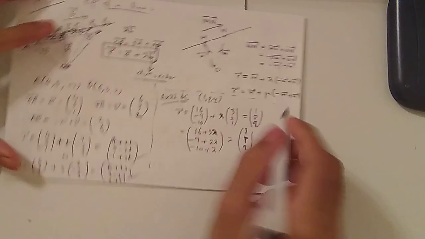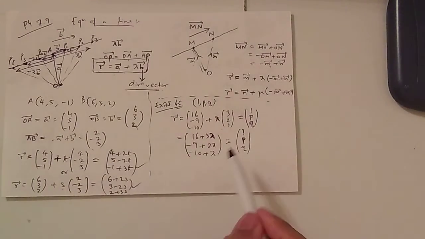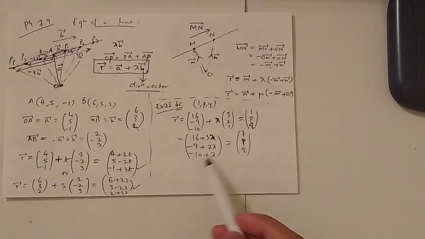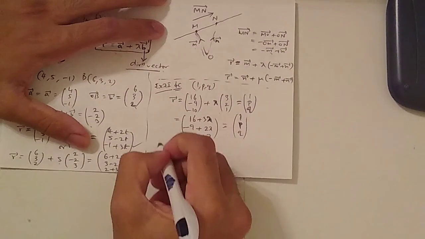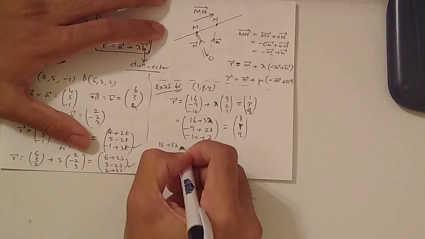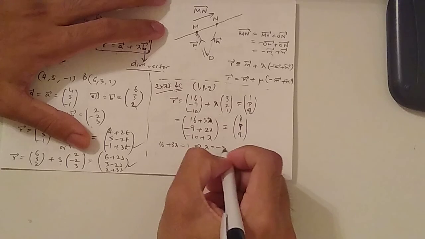All the three components are going to be equal to each other. The x components on both sides are going to be equal to each other, the y components are going to be equal to each other, the z components are going to be equal to each other. Therefore 16 plus 3 lambda equals 1. Solve the equation, you get lambda is equal to minus 5.